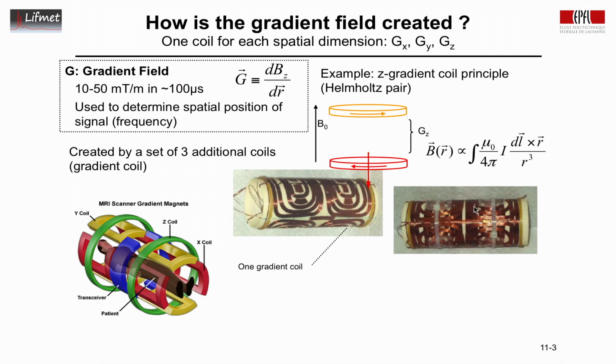You can see here the Z gradient is produced a bit more complex than we have introduced. Note that the Y gradient and the X gradient are, construction-wise, identical, except one is the rotated version of the other, rotated by 90 degrees. So here are the 3 gradient coils.